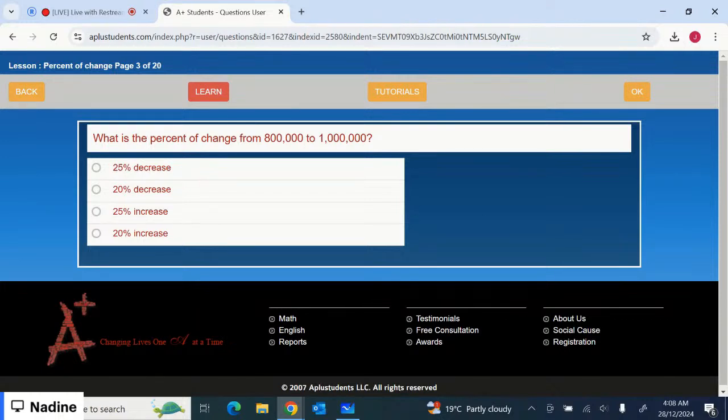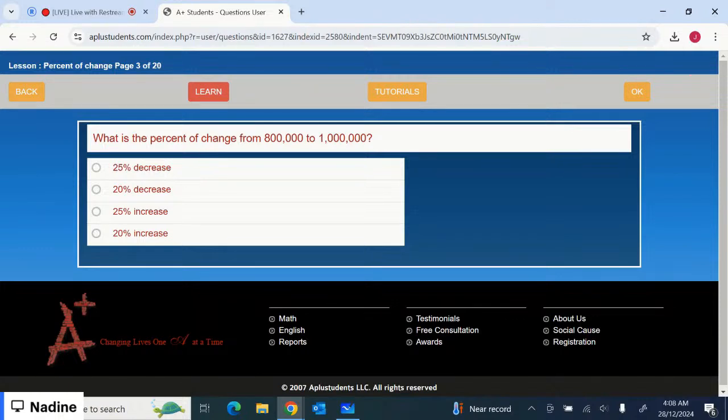What is the percent of change from 800,000 to 1 lakh? That is an increase, right?